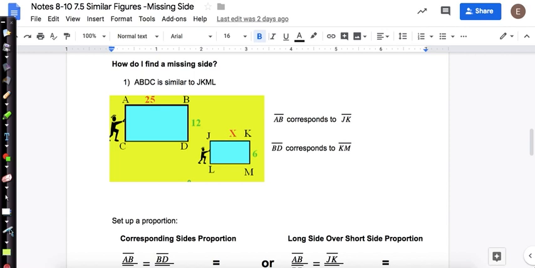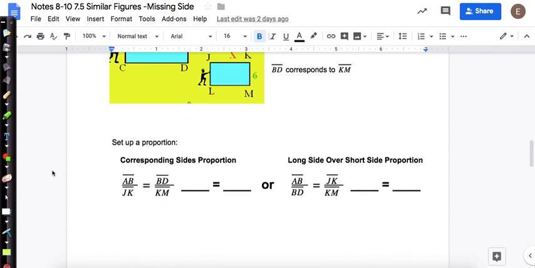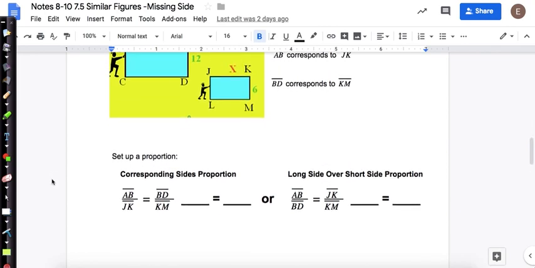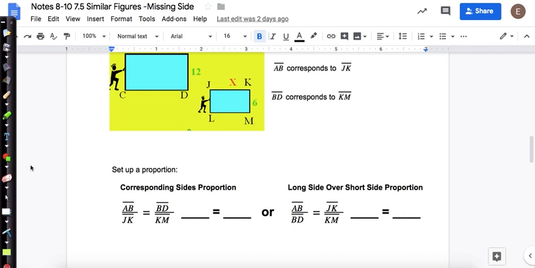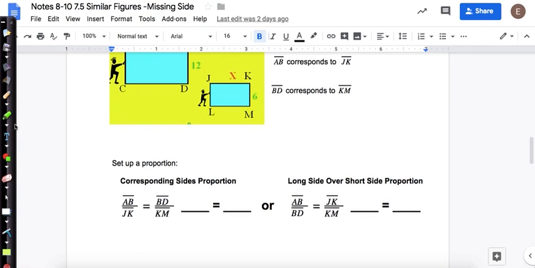So now we're going to set up two different proportions, and hopefully you'll notice something. We are going to do the corresponding sides proportion first, where it says AB over JK. My screen's covered up, so look on your paper.